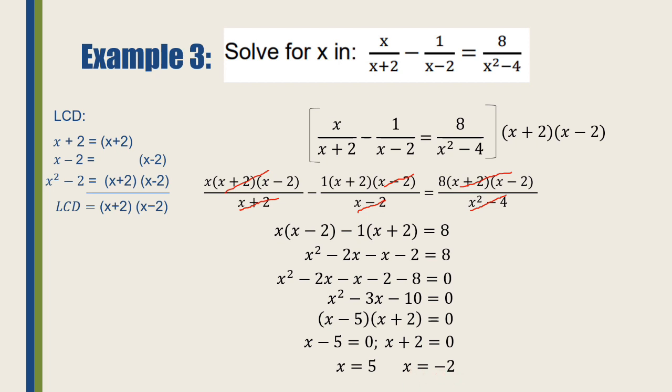But let us check if these two solutions, 5 and negative 2, are correct, or the solutions of this rational equation. Let's find out.